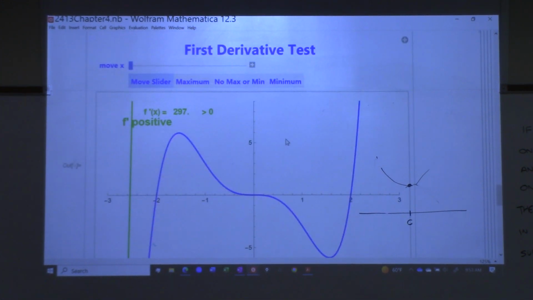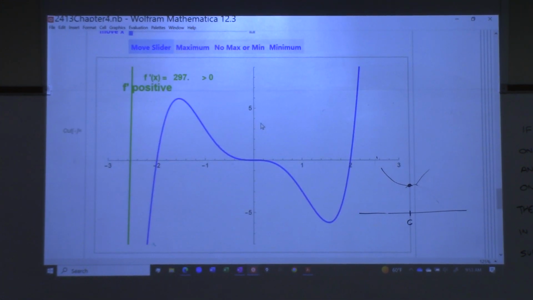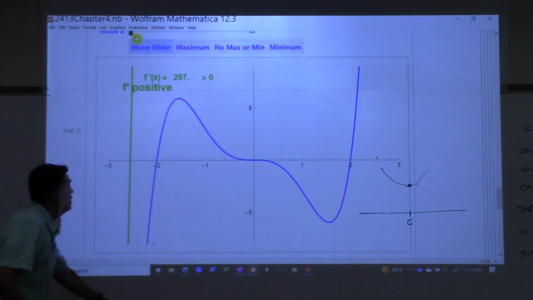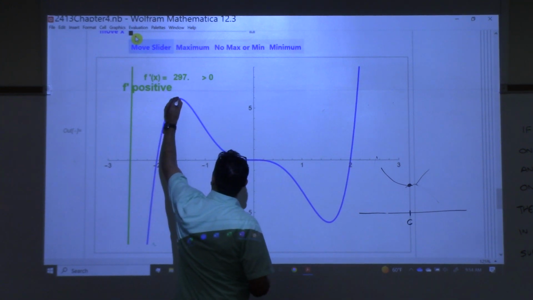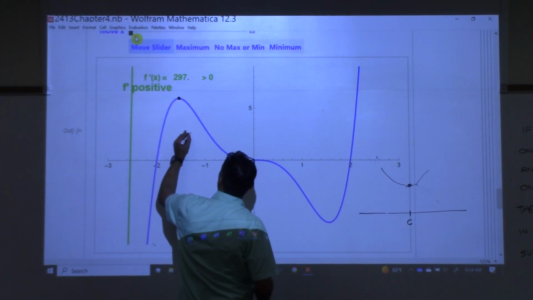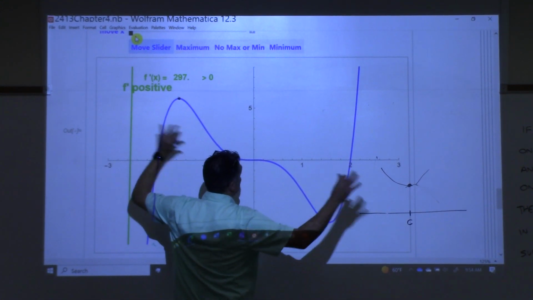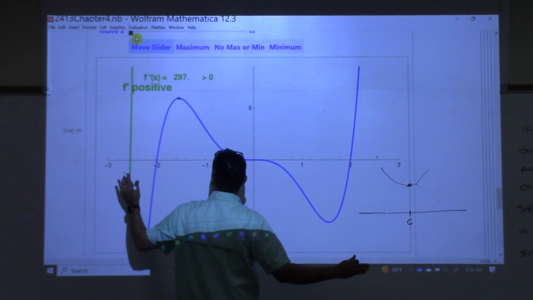So here's an example. First we should talk about what we have here. This point right here is called a what? Max. Is it the absolute max? Is it a local max? What is it?